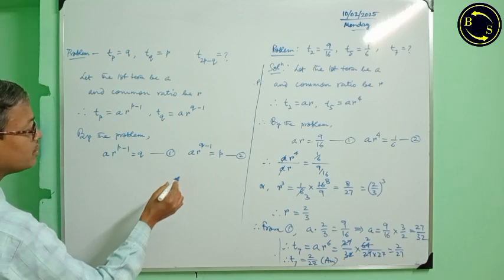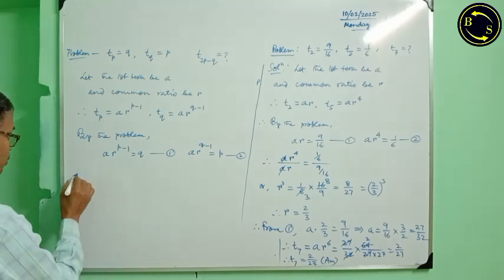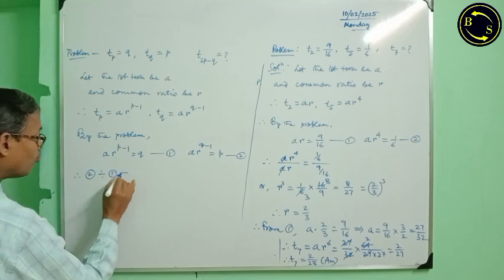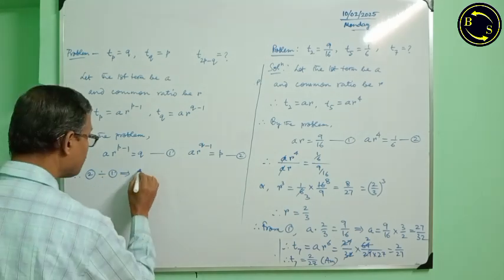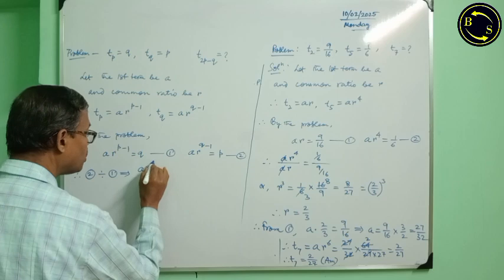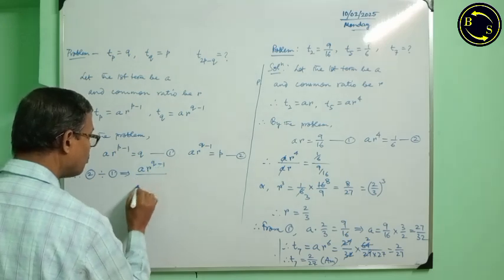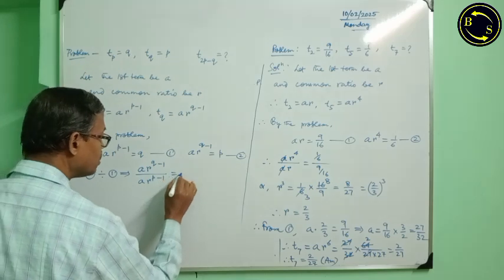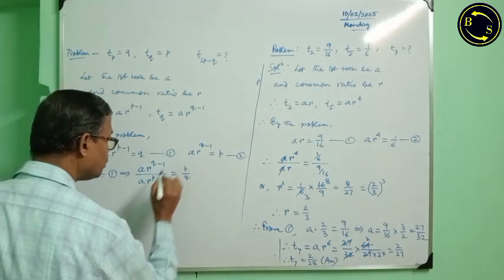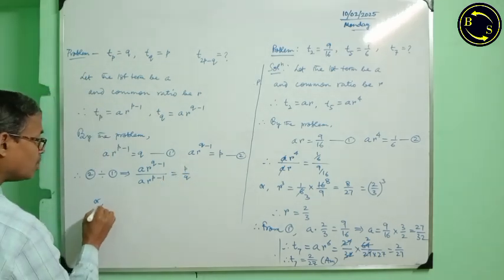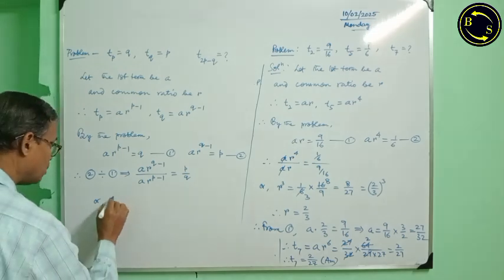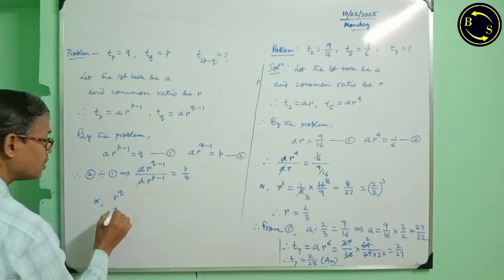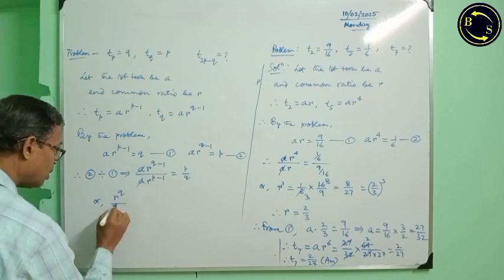Now I first divide. Therefore, A R to the power Q minus 1 by A R to the power P minus 1 is equal to P by Q. From that, I write like this: R to the power Q minus 1, A cancelled, by R to the power P minus 1.